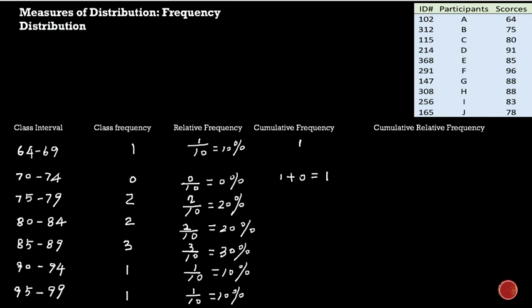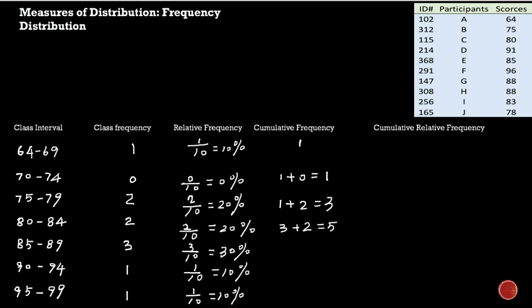For this category, cumulative frequency is 1 plus 2, 1 plus 2 equals 3. For this category, cumulative frequency is 3 plus 2 equals 5.